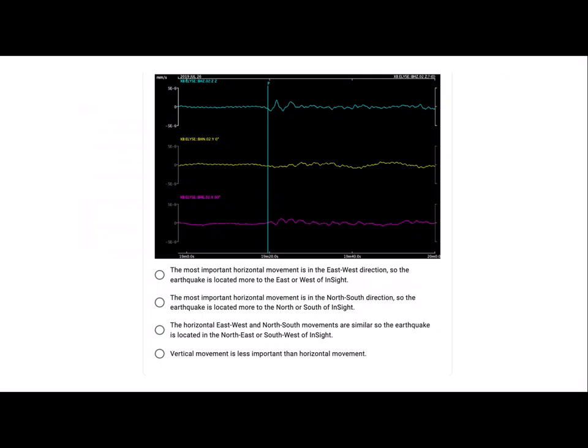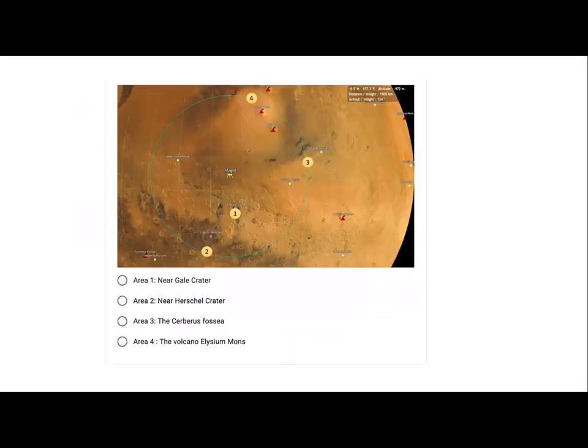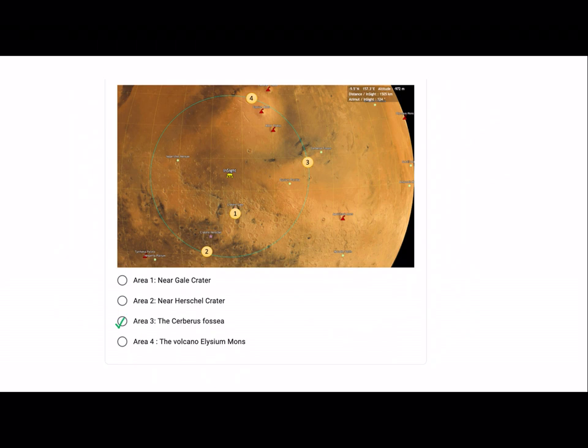So that suggests that the event was located either to the east or to the west of the lander. If you put those two pieces of information together, the distance and the direction, you can determine that that marsquake was coming from the area of Cerberus Fossae.